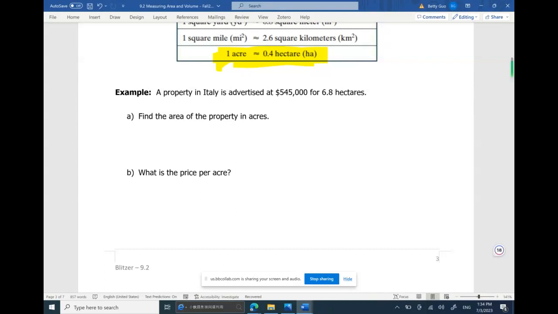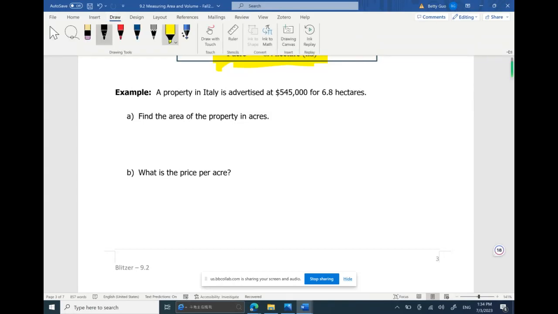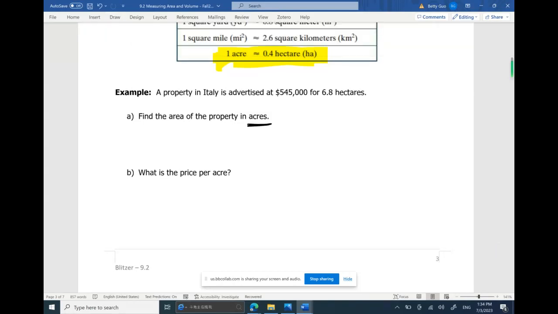Is hectare a bigger unit or smaller unit? It is a bigger unit. The reason is because 0.4 is smaller than 1. When the number in front of it is smaller, then the unit is bigger. Okay, so we are going from hectare to acre.